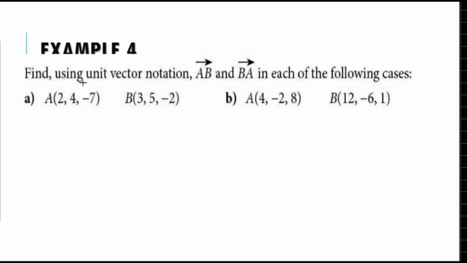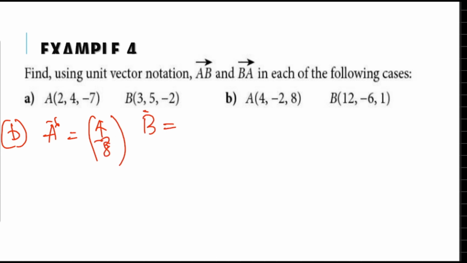So find, using unit vector notation, AB and BA in the following. So we have the first one. So we are using column vectors. A is given as 4, minus 2, 8, and B is given as 12, minus 6, 1.